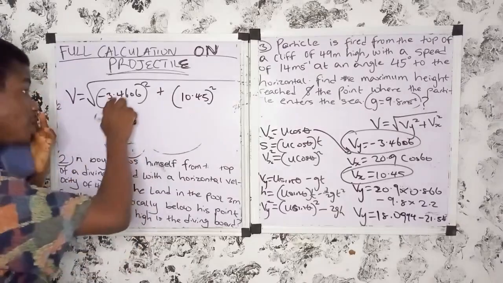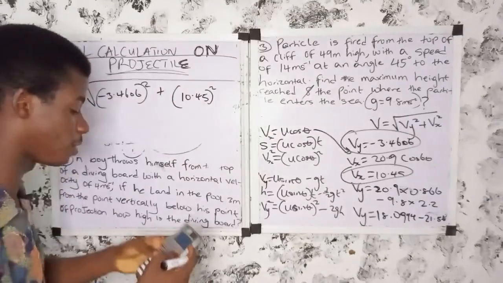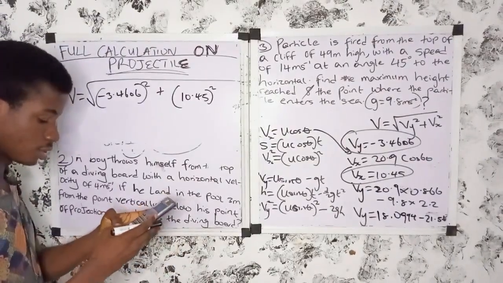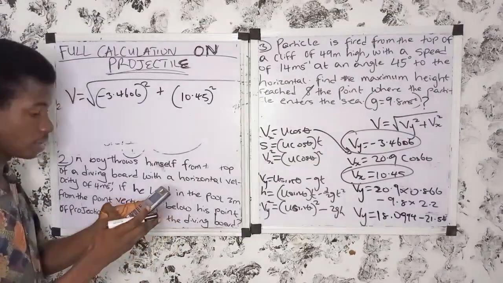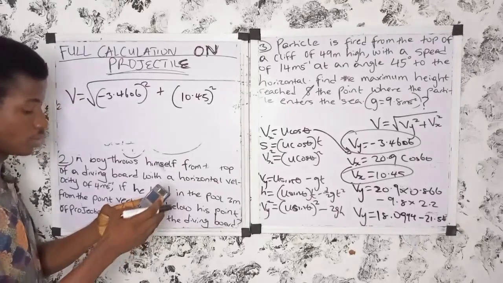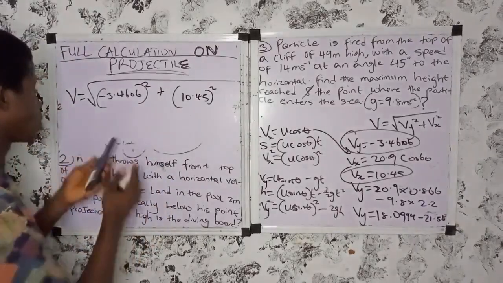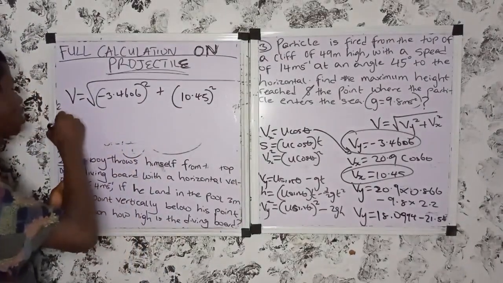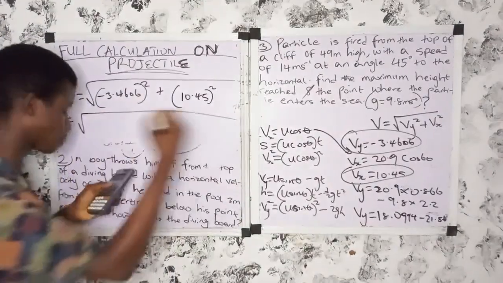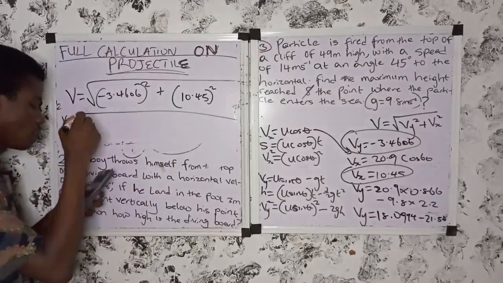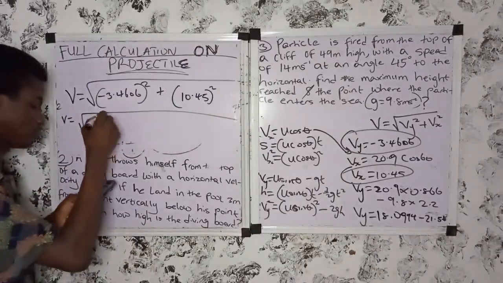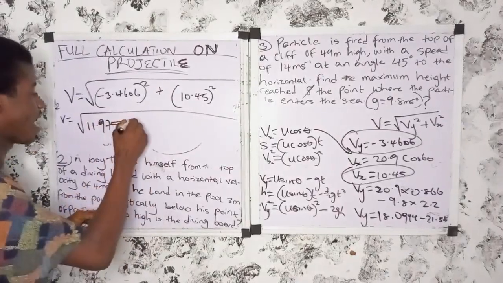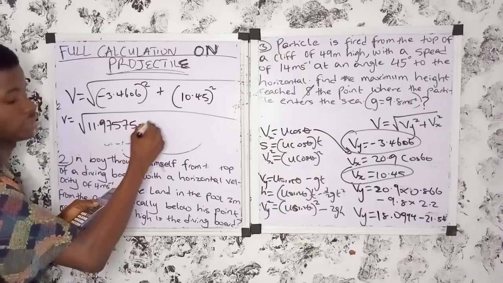Now the square of a negative number will give us a positive number, right? So the square of minus 3.4606 will give us 11.97575236.